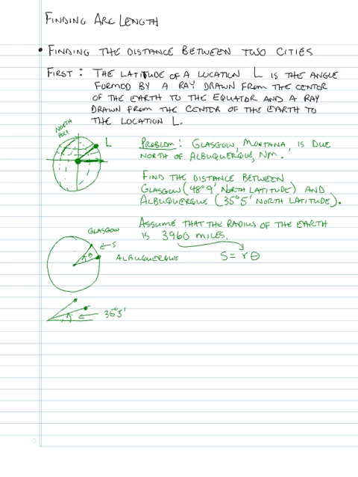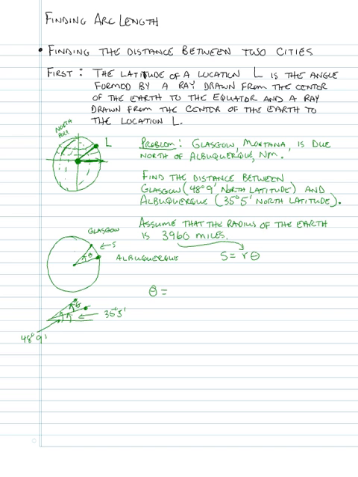And I'm also told this angle, that's the latitude for Glasgow, and that angle is 48 degrees and 9 minutes. And so the angle theta is the difference between those two. I take the big angle and subtract the smaller angle from it. This is the angle theta that I want.